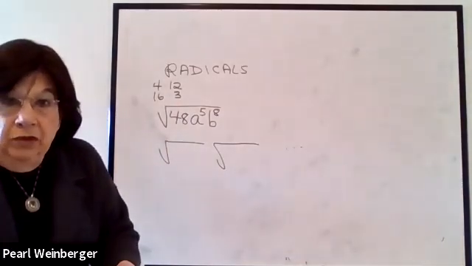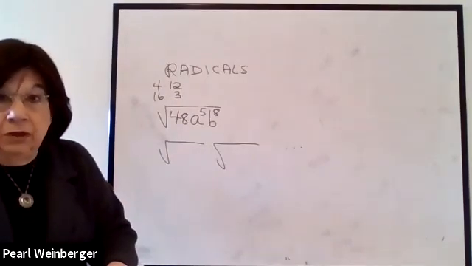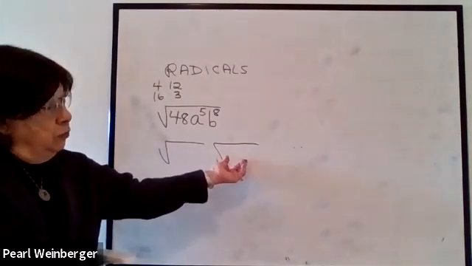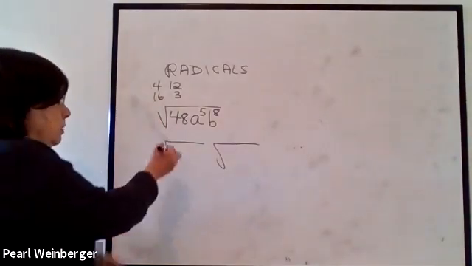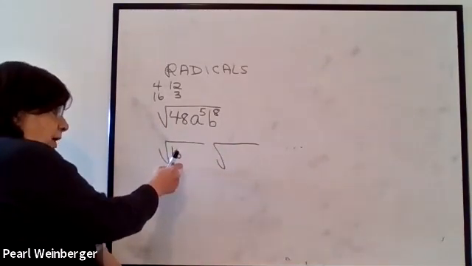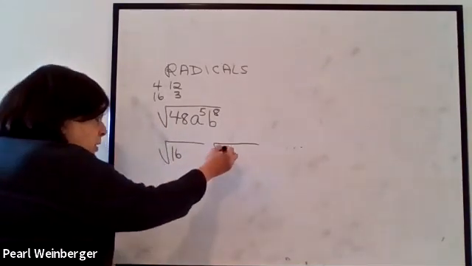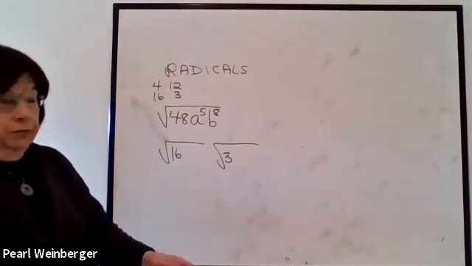When I have more than one choice, I want to pick the larger one, because what I want to be left with in my radical is as small as possible. So for the 48, I'm going to put the 16 in the perfect square radical, and the 3, because that's what's left over.